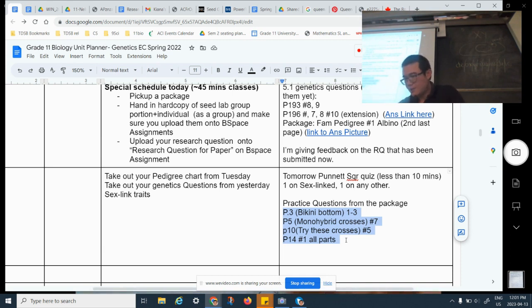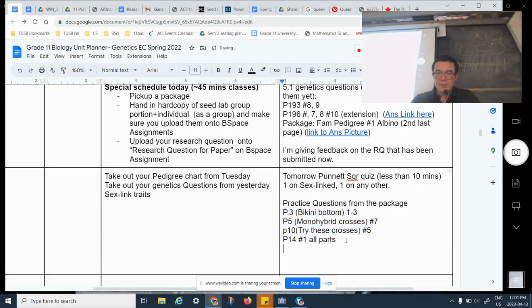So 15, 17, 19, 21, 23, page 25, and let's do a blood one. Okay, this one, problem set: lethal alleles, sex-linked alleles.